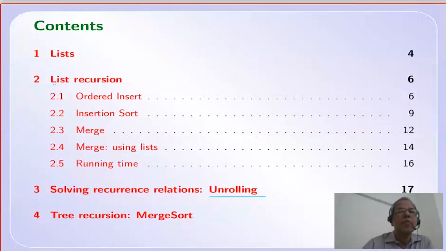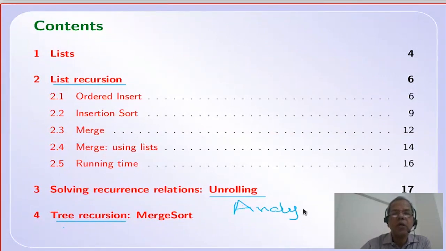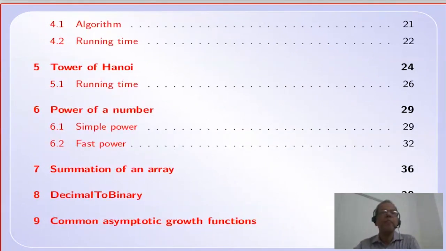So, what are list recursive algorithms? What are tree recursive algorithms? How to analyze them using unrolling? Some examples we will discuss in the class.